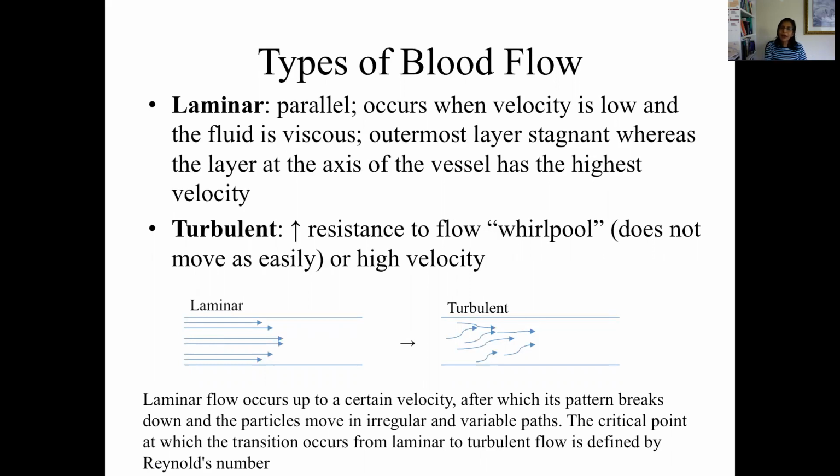If you're thinking about a nice large artery, blood would flow mainly in the laminar fashion. That is very smooth, quiet type of flow. Whereas the blood that's close to the blood vessel wall may have some restriction.